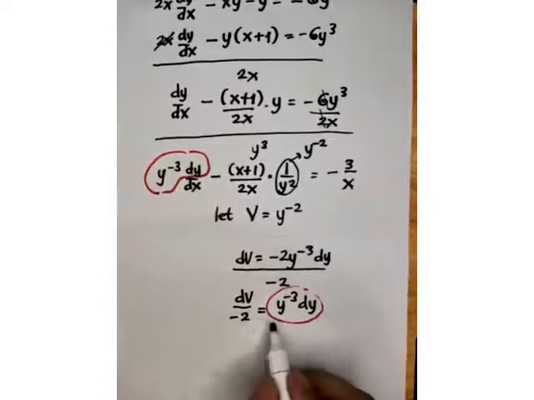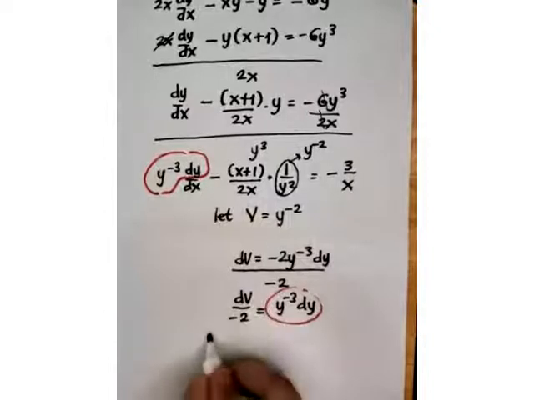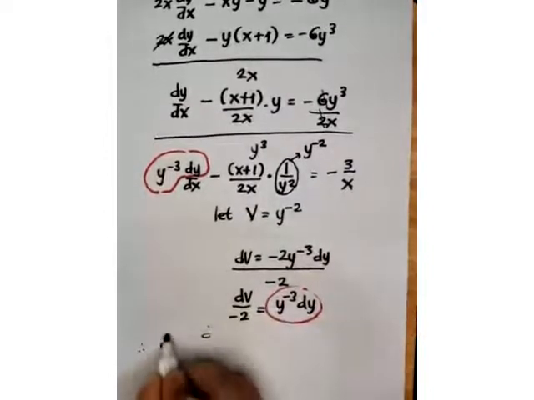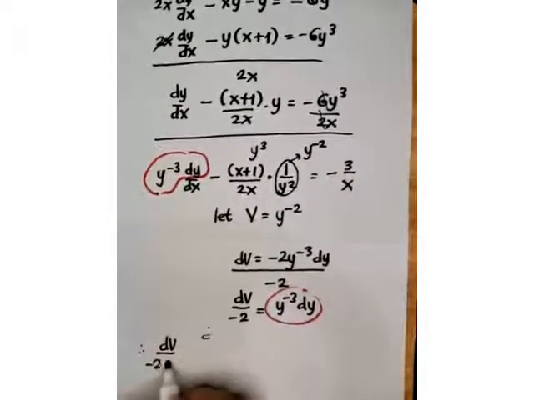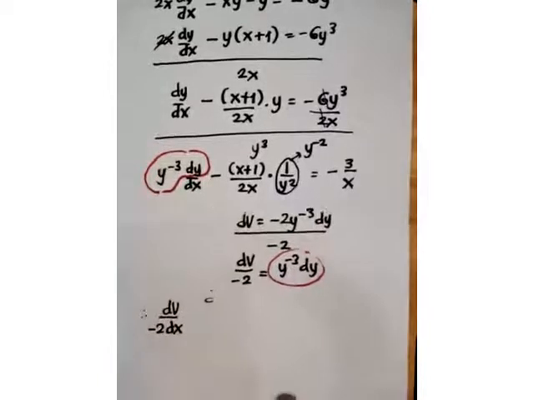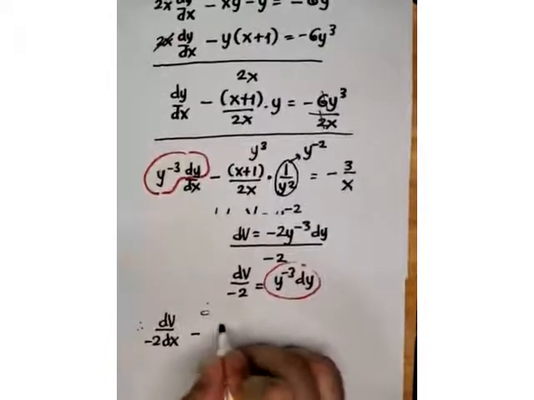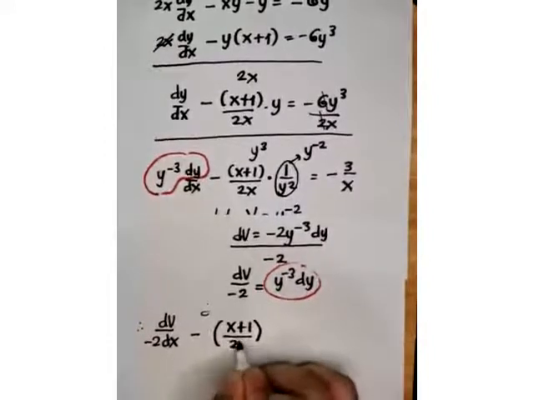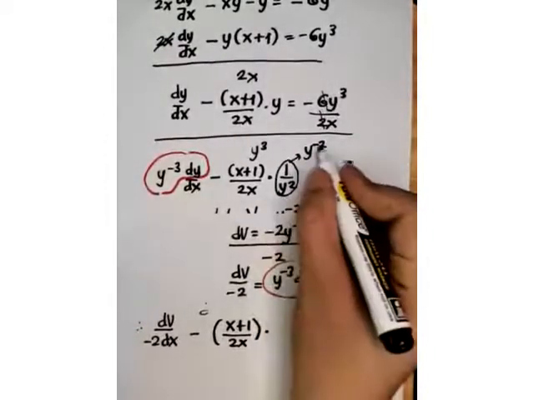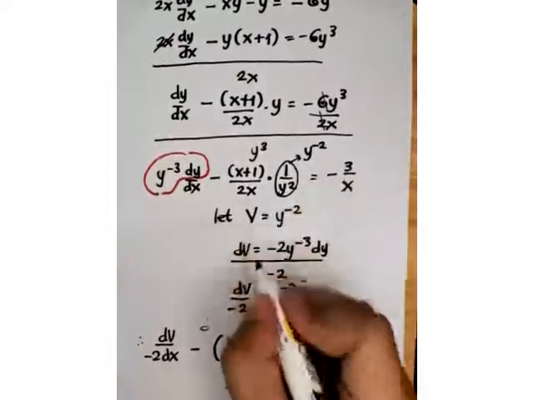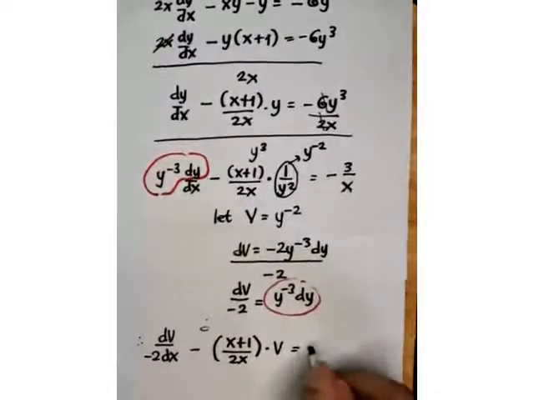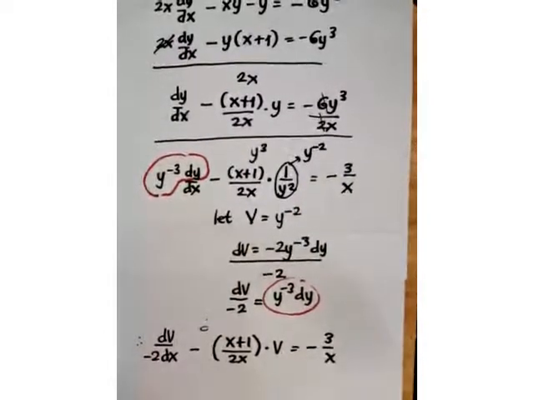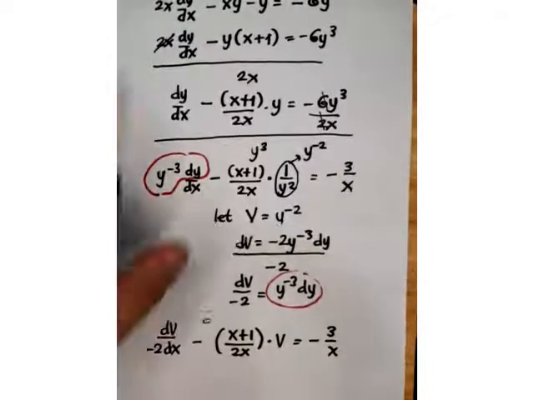So, ibig sabihin, ito ay magiging, therefore, dv over negative 2 dx minus quantity x plus 1 over 2x times, diba ito is y raised to negative 2, which is v, is equal to negative 3 over x. Okay?